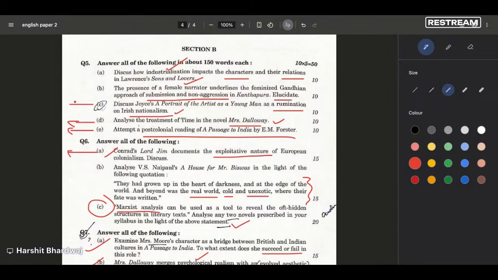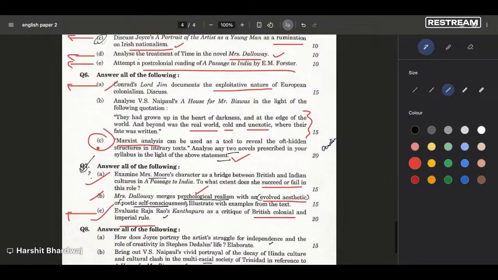You should also prepare the socio-political context of every text. So this is also an example of that. You must prepare these questions. The socio-political idea for every text you must know. Any text, they can just change the text and the question will still stand. So these are the questions that are standard.